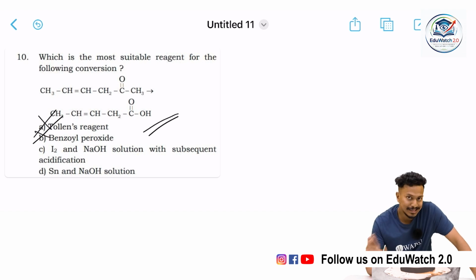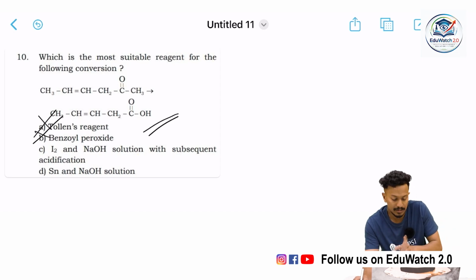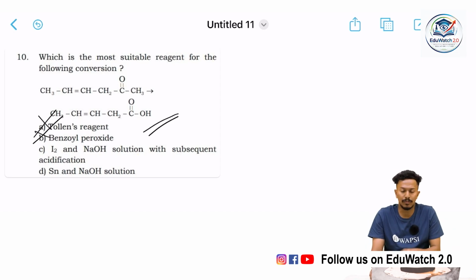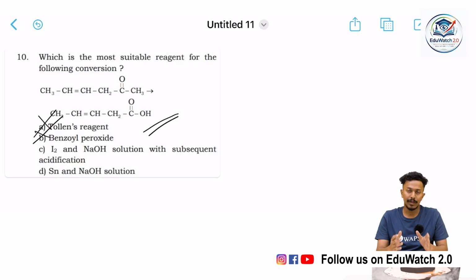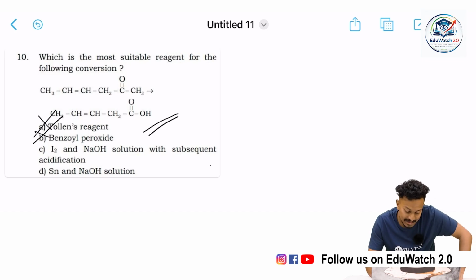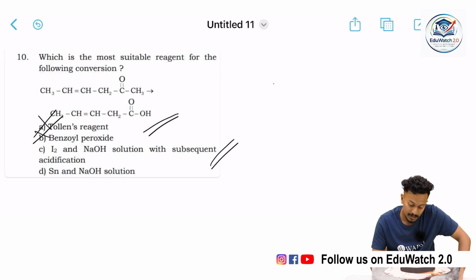We have discussed this question earlier. This question has been repeated a few times, so try to concentrate on that particular topic. Here we have iodine and an alkali solution with subsequent acidification, so we can try that out.